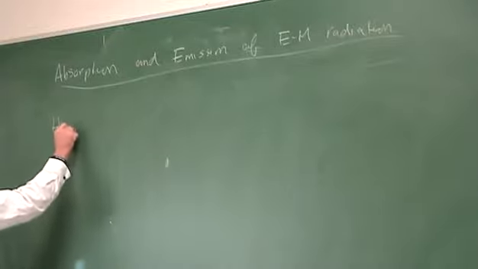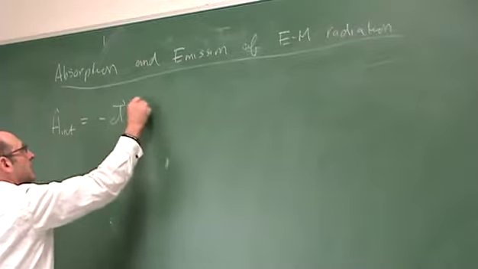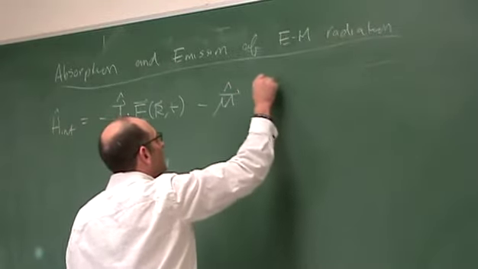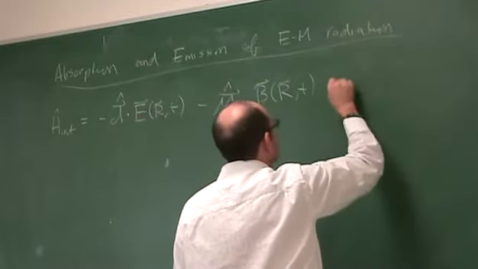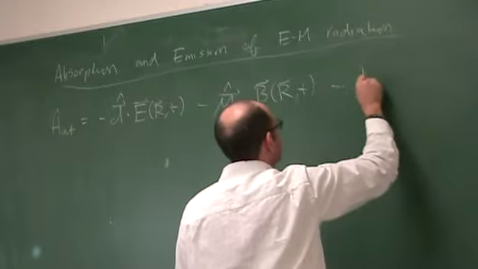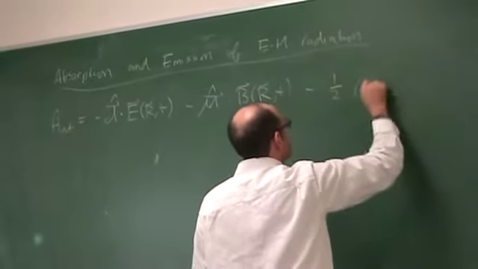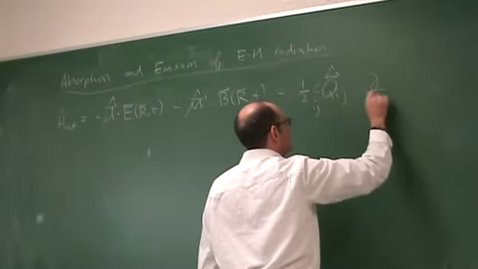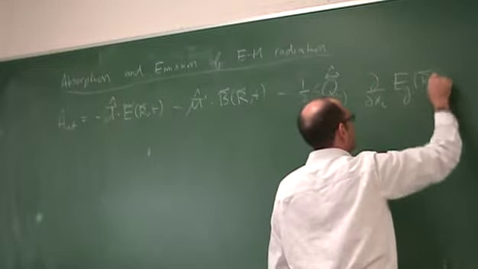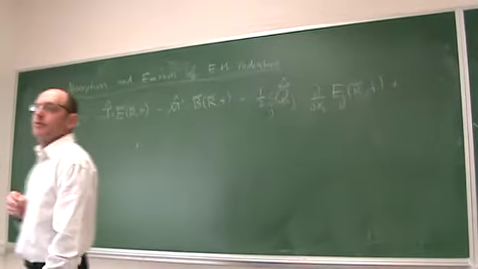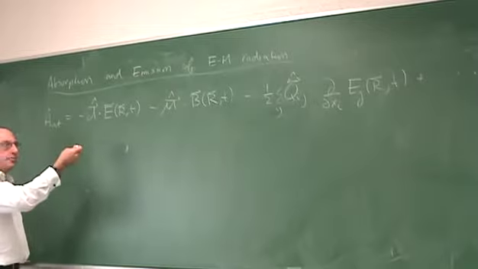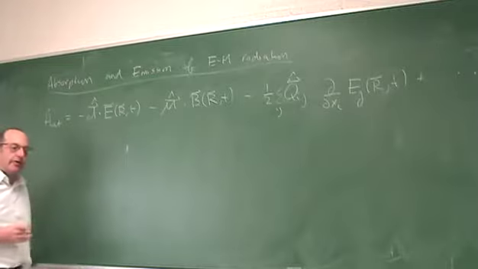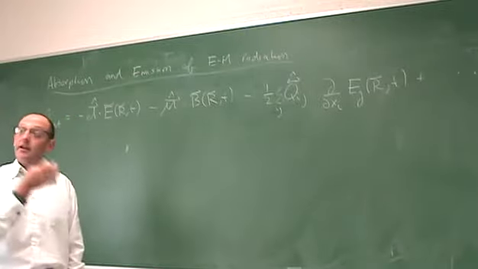So, for example, our interaction Hamiltonian in our multipole expansion was the interaction of the dipole moment of our atom with the electric field of our electromagnetic radiation at the center of mass position of the atom.